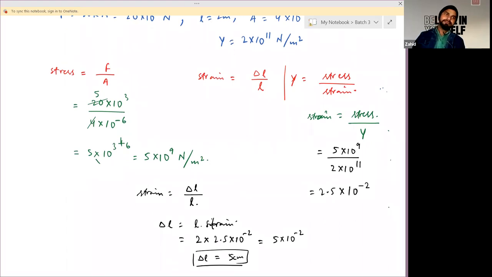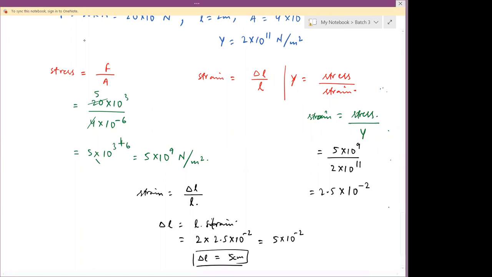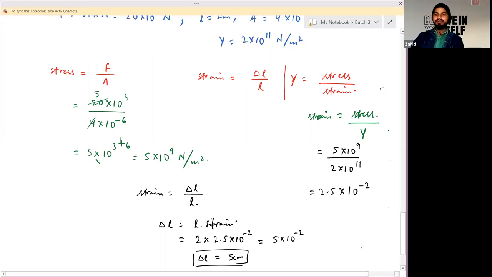Abhinav, is it clear? Clear, sir. Good, Nida. Yusuf, is it clear?